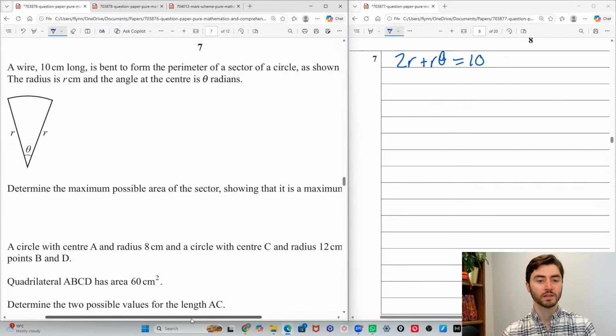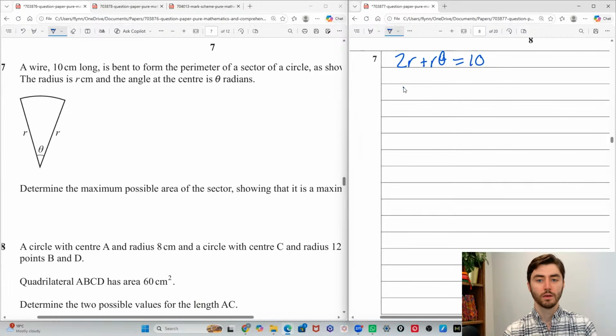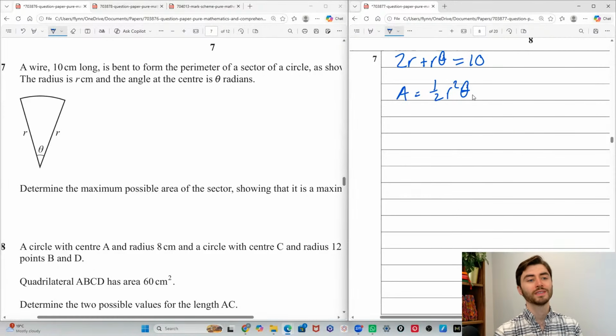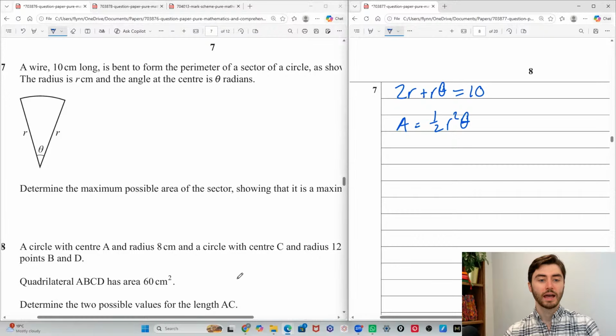Determine the maximum possible area. Well, the area is a half r squared theta. So this is a classic optimization problem. We are going to eliminate theta to get the area in terms of just r, and the maximum is when the differential of that is 0.